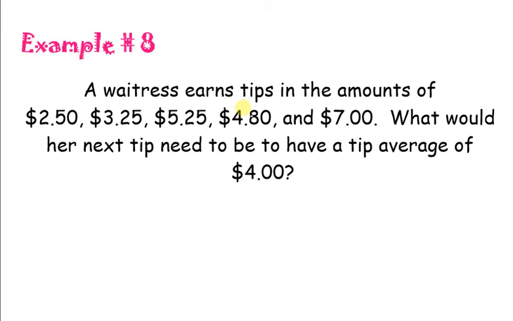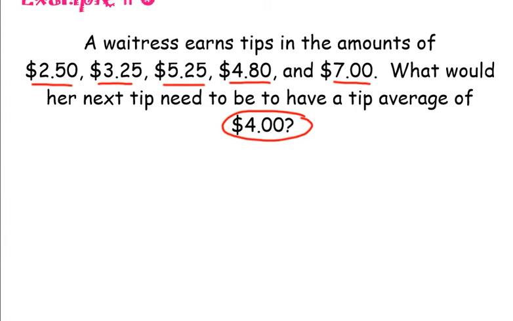Alright, example number 8. A waitress earns tips in the amount of $2.50, $3.25, $5.25, $4.80, and $7. What would her next tip need to be in order to have a tip average of $4?